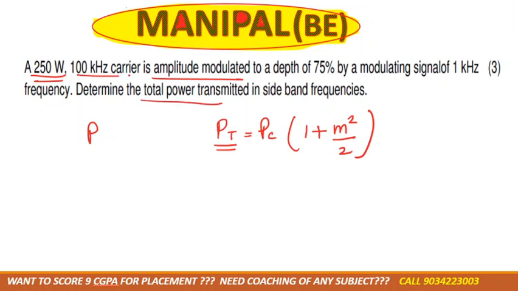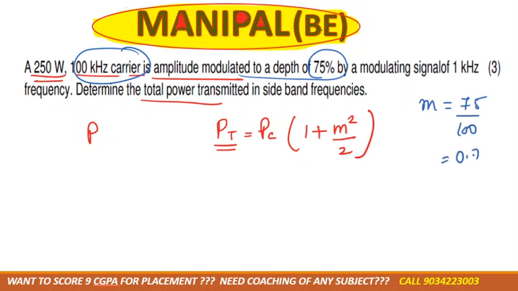Now they said a 100 kilohertz carrier, modulated to a depth of 75%. So modulation is 75 by 100, it would be 0.75. Okay, understood? We know the modulation index, we don't know PC. Modulating signal of 1 kilohertz, determine the total power transmitted in the sideband.